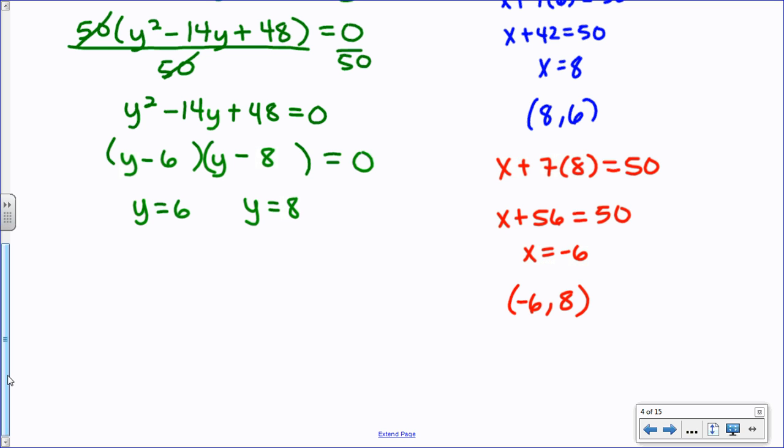Plug them both in to both equations, okay, to check. And they should be true, okay, for both. And those are my solutions. Like how 6 was paired with 8. It's just a coincidence.